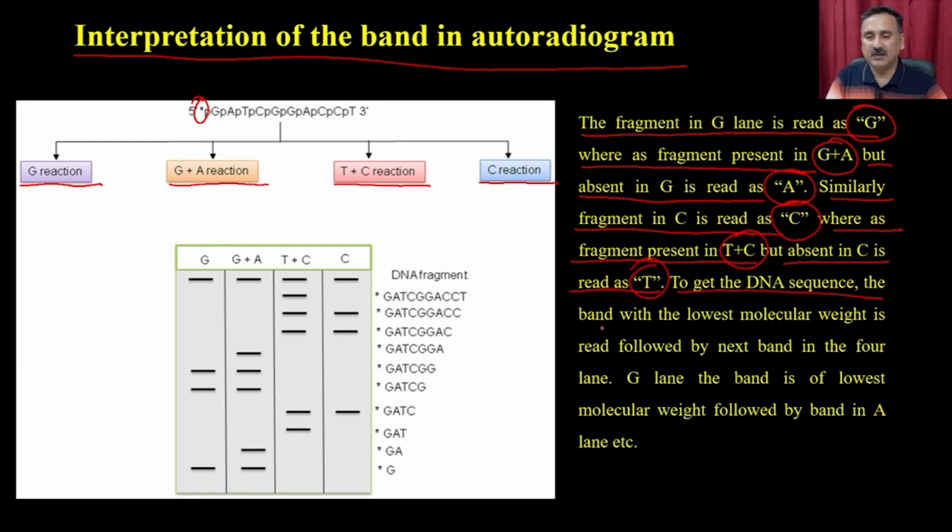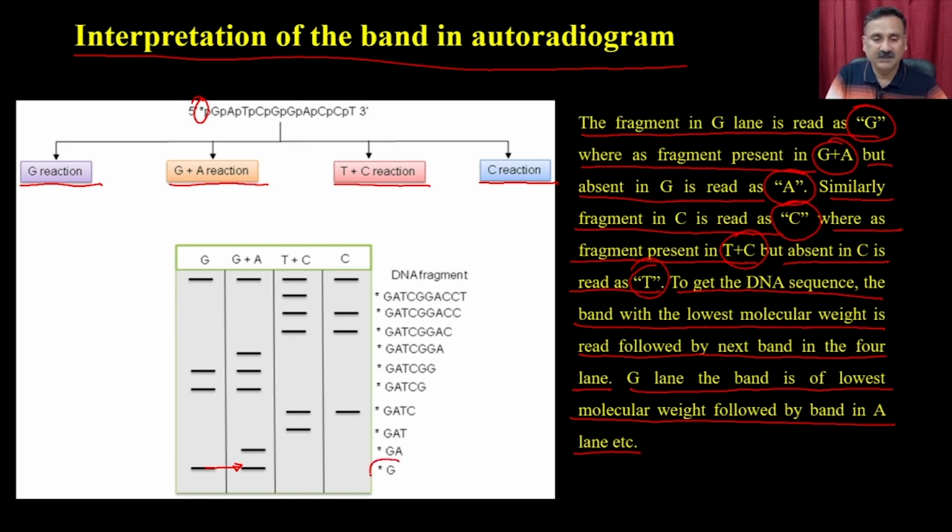To get the DNA sequence, the band with the lowest molecular weight is read, followed by the next band in the 4 lanes. For example, you are going to start from here and read like this. But there is an issue. If the band in the G lane is of lowest molecular weight, followed by the band in the A lane, and you also have the same band in the G plus A reaction, this means you are not going to read it as A; it is also going to be considered as G. From here you are going to read this, and then from here you are going to read this.